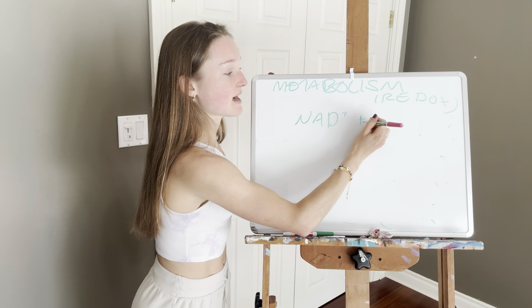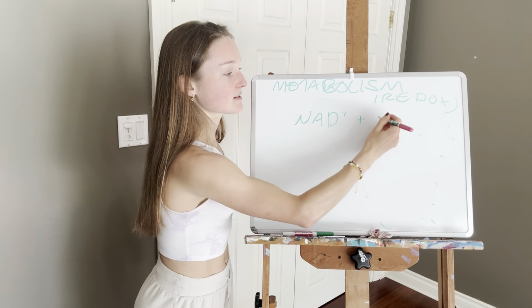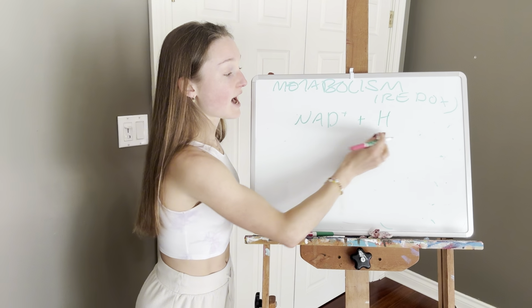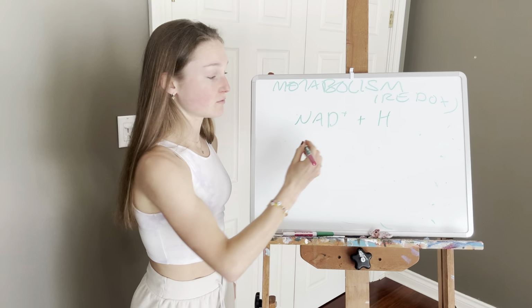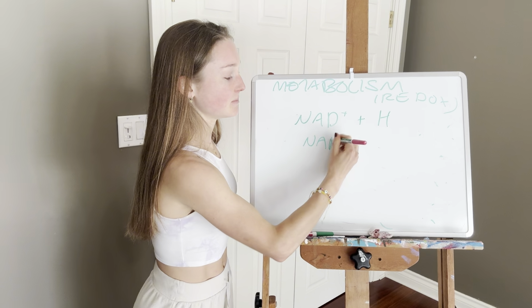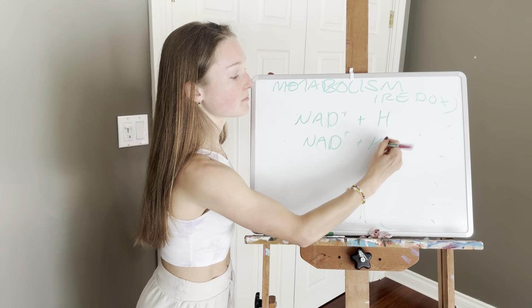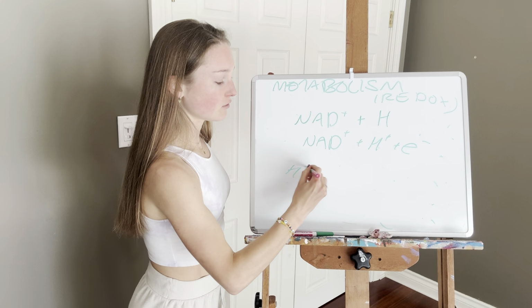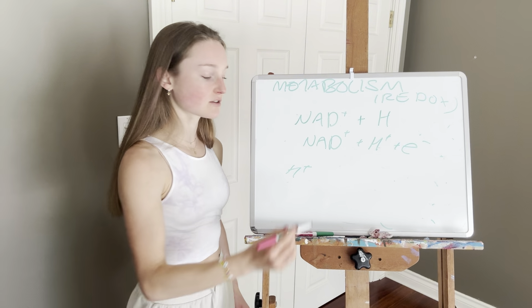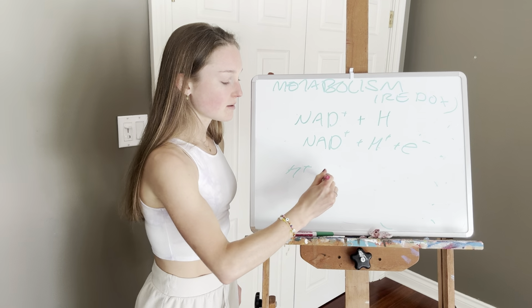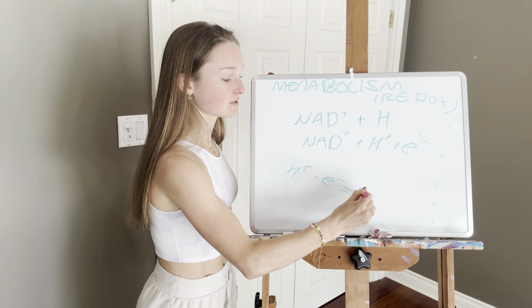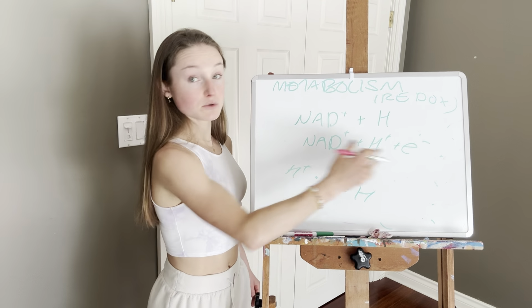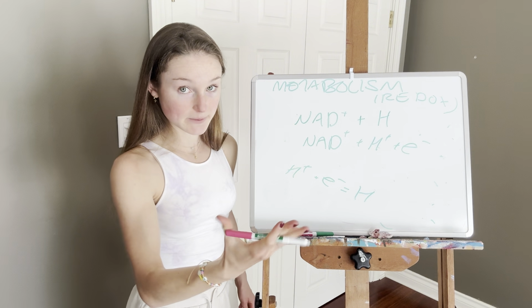So we represent that as NAD plus a hydrogen atom, or we could represent that as NAD plus one proton plus one electron. And recall from literally like 24 seconds ago, one proton plus one electron equals hydrogen atom. These two things show the exact same thing.